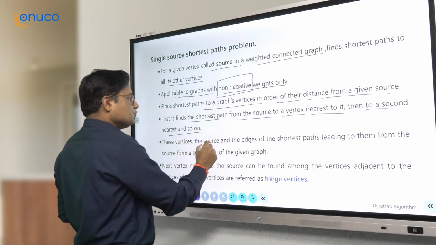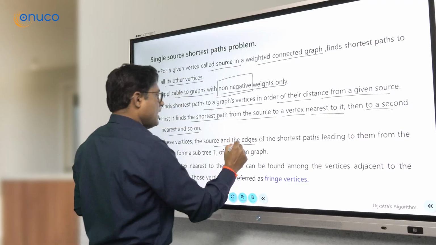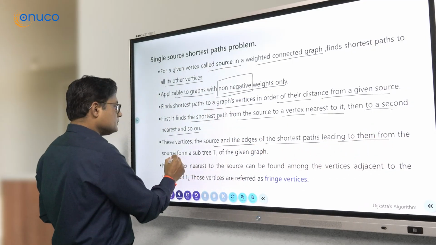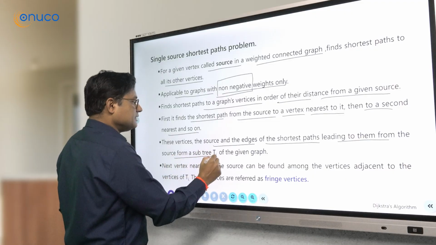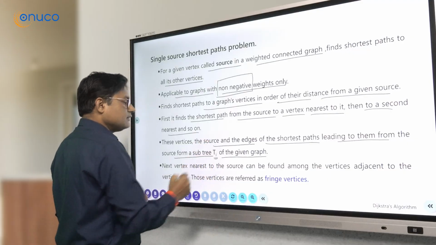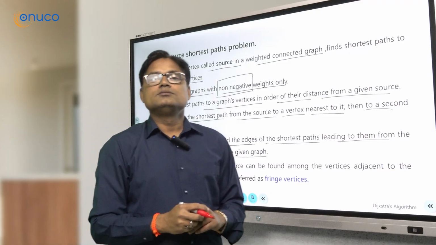These vertices, the source, and the edges of the shortest paths leading to them from the source form a subtree Ti of the given graph. I will discuss this, friends, and how it is formed.